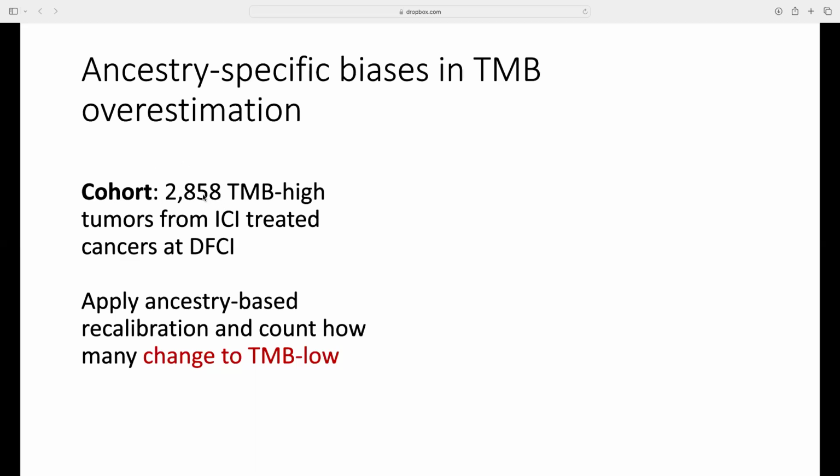We looked at data from about 2,900 sequenced patients, from a larger population, of which about 2,900 were TMB high, so would have qualified for immunotherapy. And then we applied this TCGA-derived correction to their raw tumor-only TMB estimate. And we evaluated how many initially were thought to be TMB high, and then were recalibrated to TMB low.